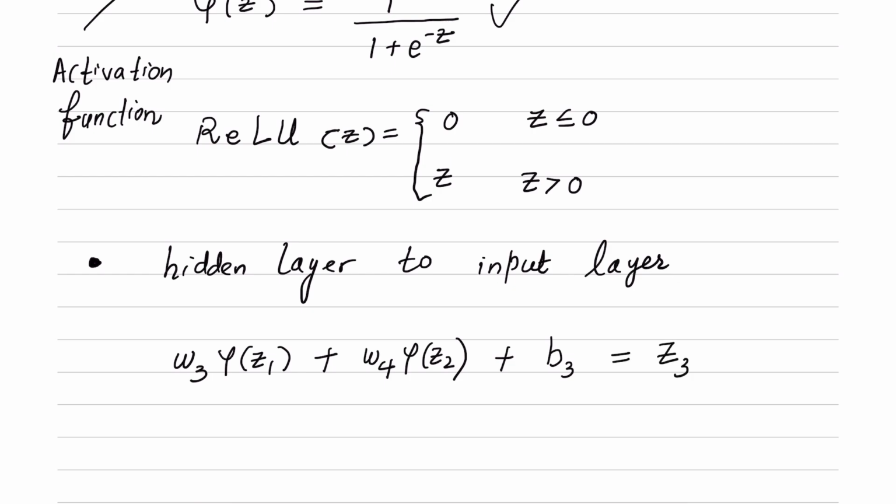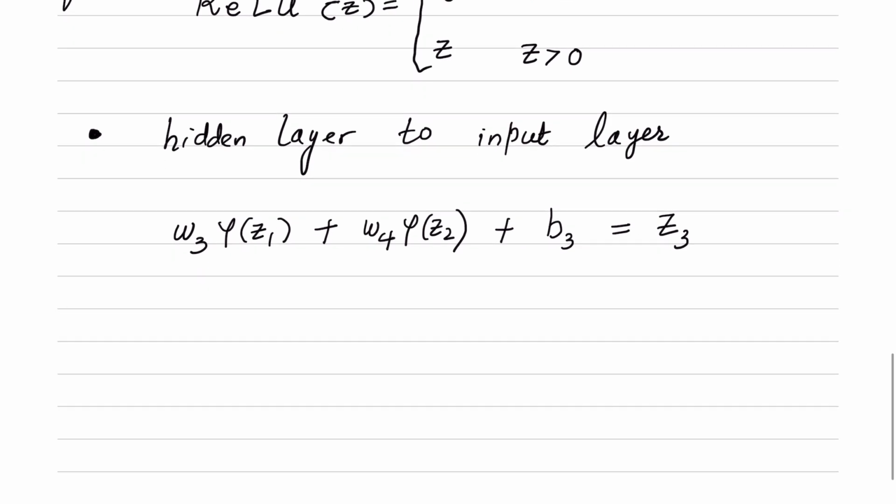Let's say it's Z3. So in this part of neural network learning, three parameters will be found. Two are weights, W3 and W4, and the third one is the bias.